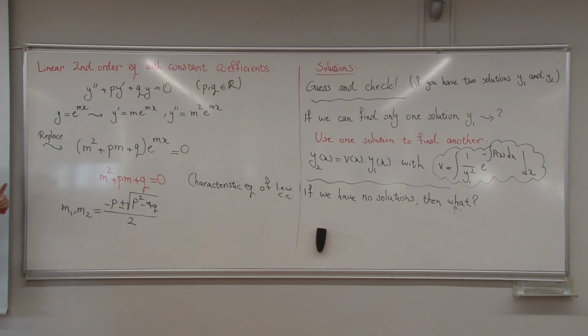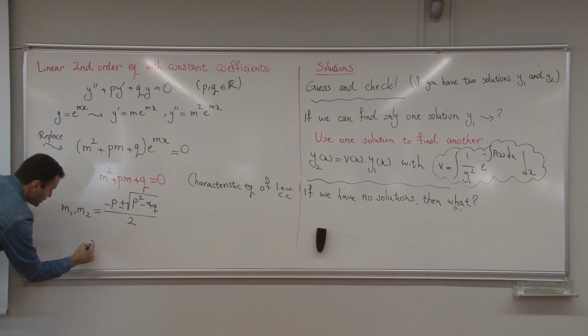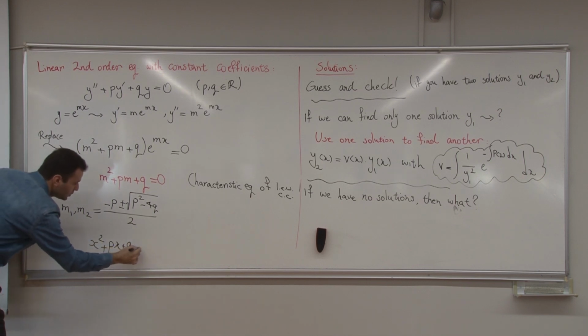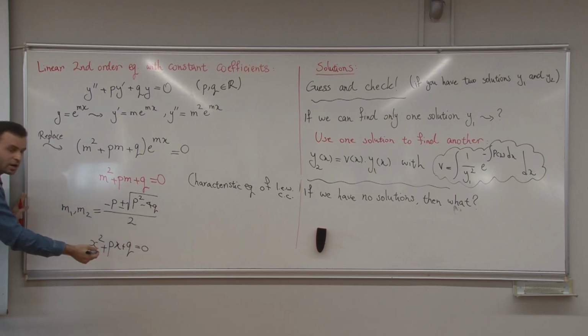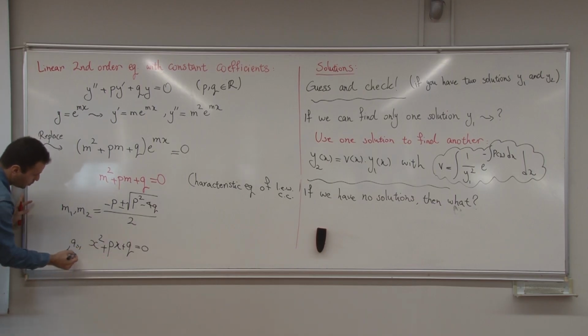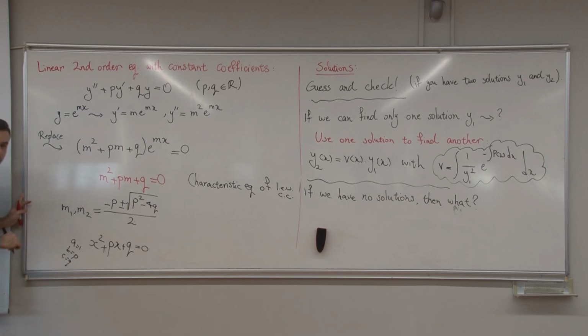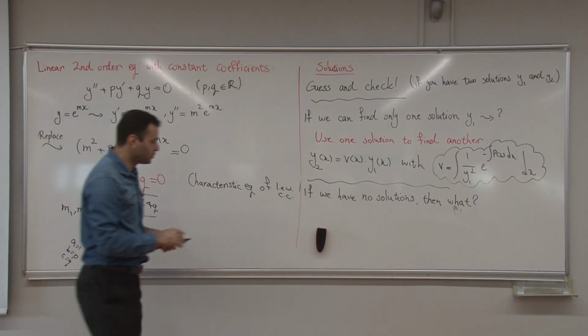Using different notations always causes some mixing up, but look at it like this: x squared plus px plus q equals 0. Now you can solve this, right? a is equal to 1, b is equal to p, c is equal to q. This is exactly the same formula.